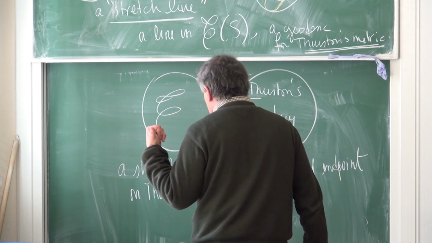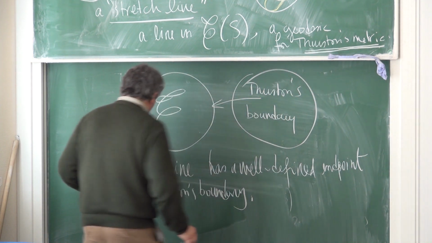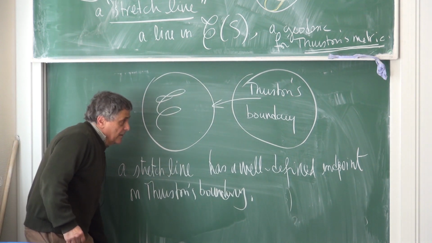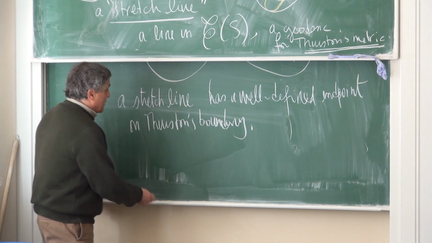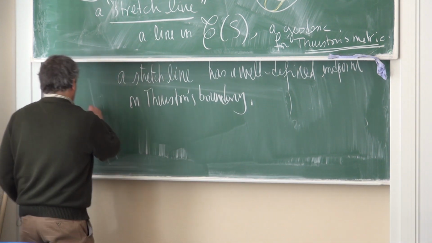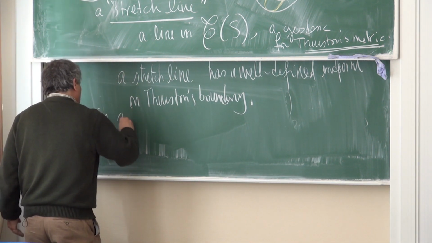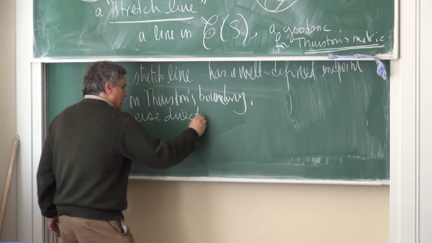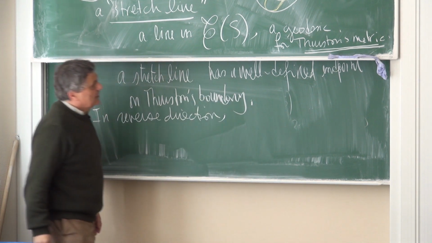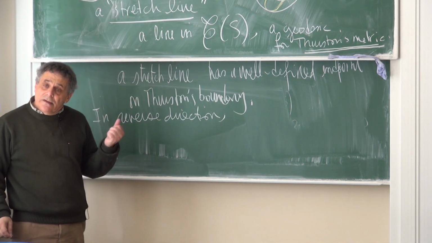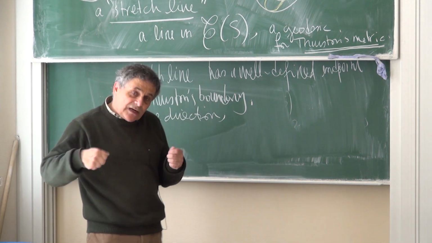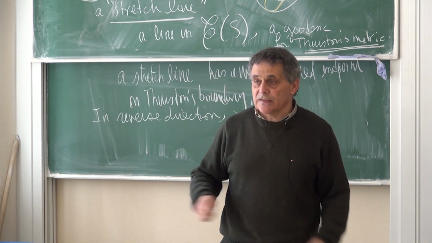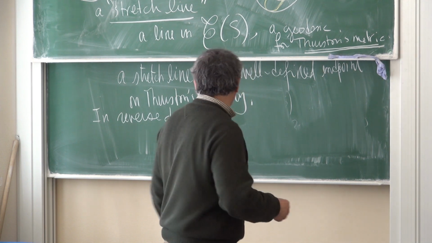And then one question which more or less you raised there is, what about the other direction? Well, these stretch lines in the reverse direction are not necessarily geodesics, but they exist, in fact. They are lines in Teichmüller space.